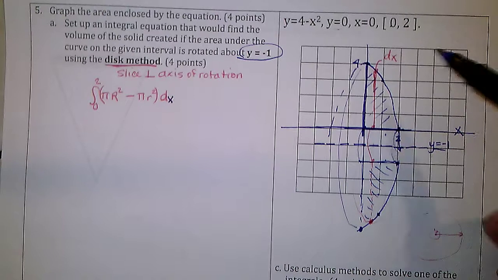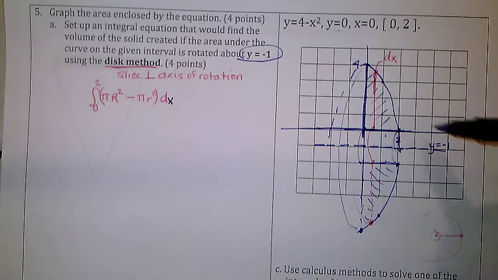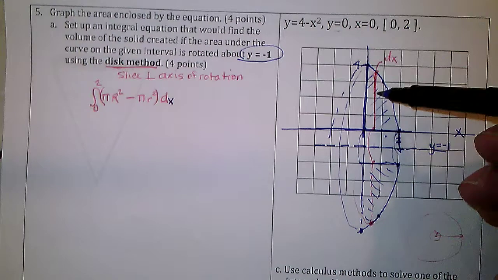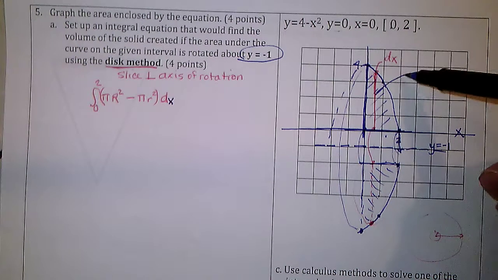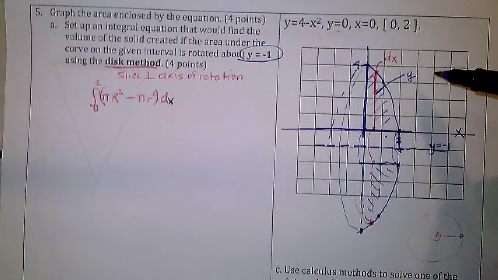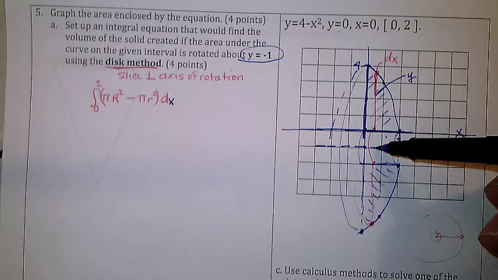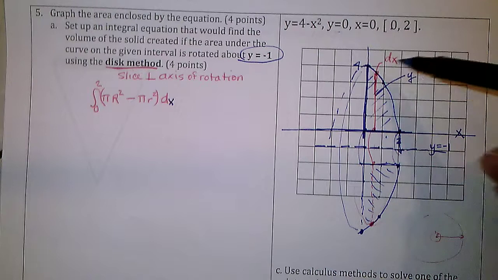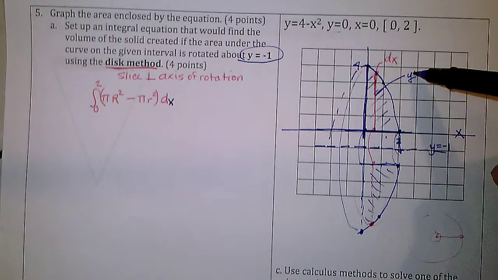So what is the large radius? Well, if this is my x-axis, from here to here is y. But I need to go from here to there, so it's going to be y plus 1.